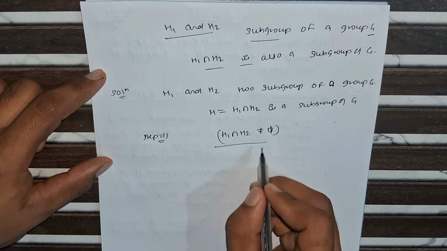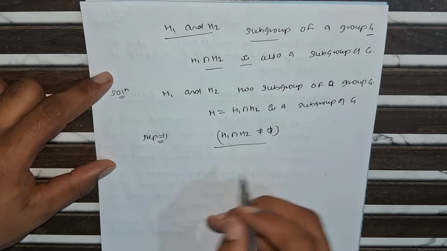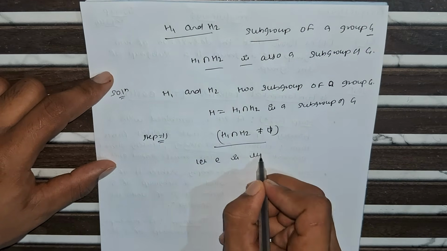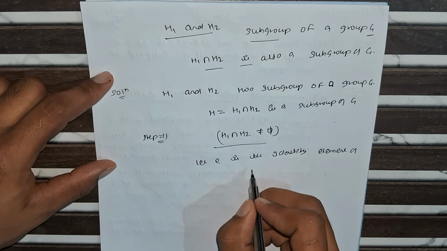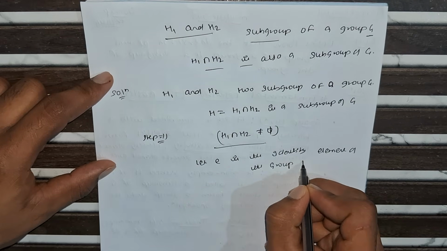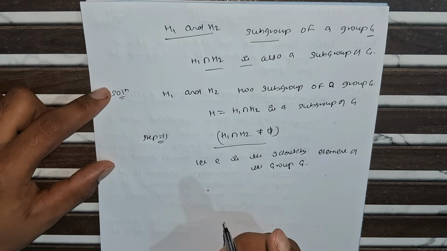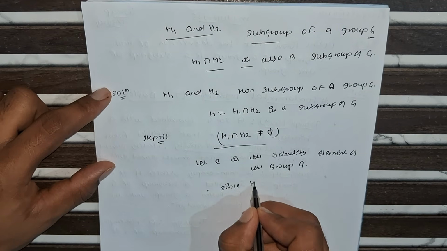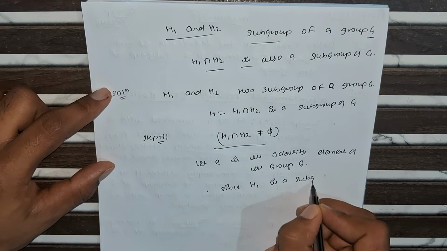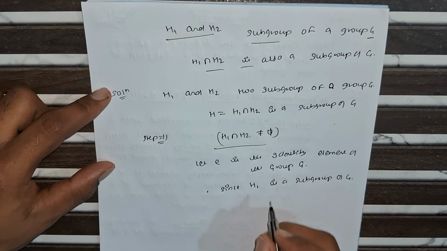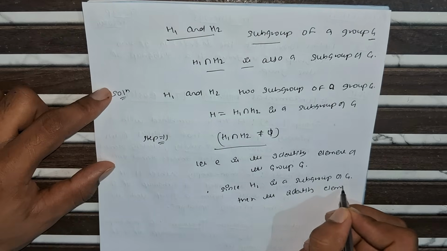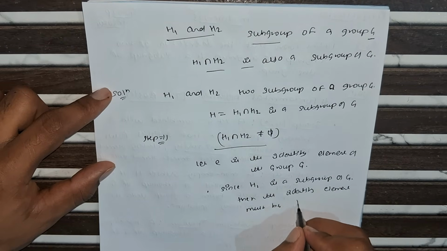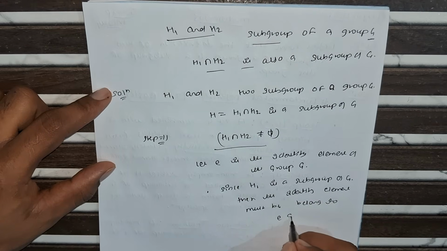Let e be the identity element of the group G. If H1 is a subgroup of G, then the identity element must belong to it. Since H1 is a subgroup of G, then the identity element e belongs to H1.